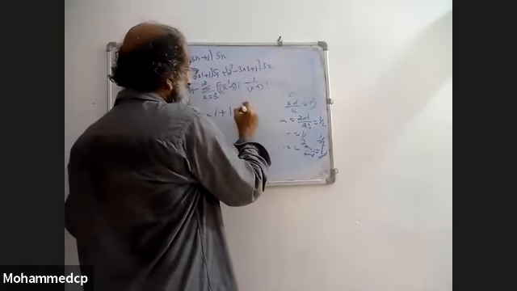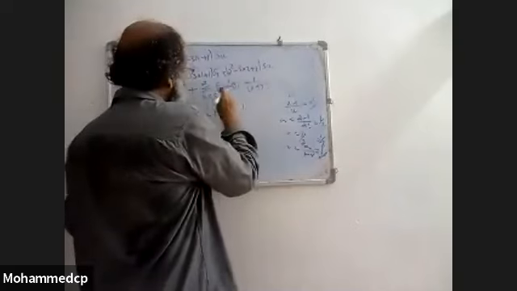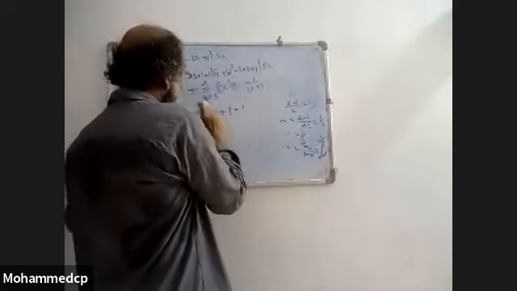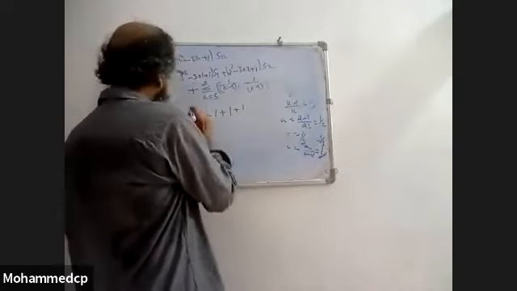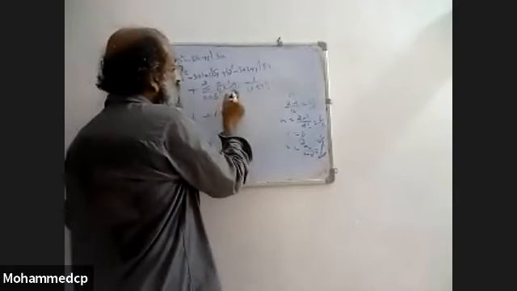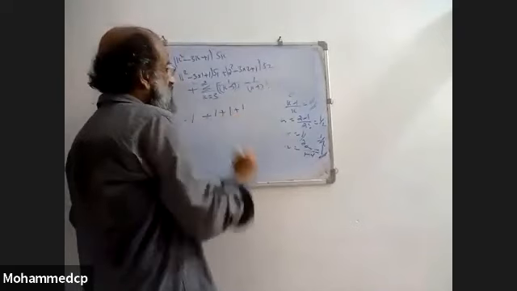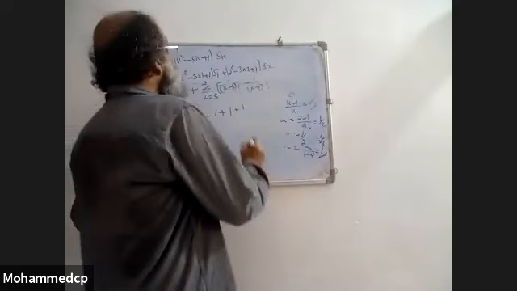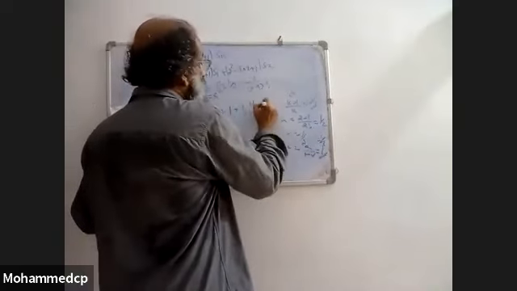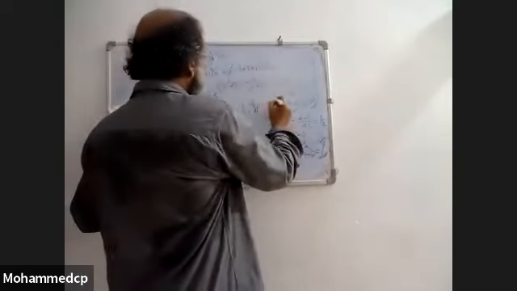Then for k equal to 4, 1 by 1 factorial, 1 comes. Then 1 by 2 factorial, plus 1 by 3 factorial, etc.